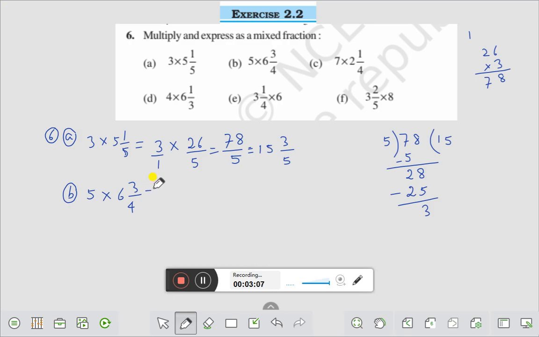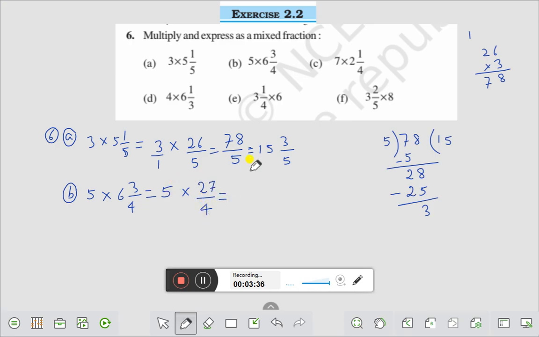That is we are getting 5 into, you have to multiply this whole with the denominator, 4 sixes are 24, and add 3. 24 plus 3 is 27, that is 27 by 4.